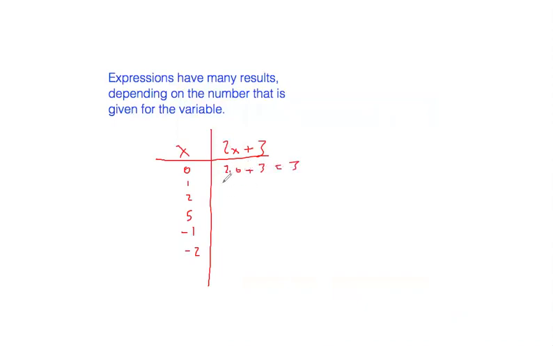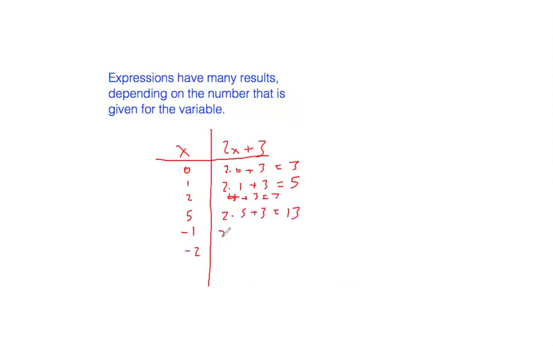In the second case, x is 1, 2 times 1 plus 3, which is 5. In the next case, x is 2, which would be 4 plus 3, which is 7. In the next case, 5, or 2 times 5 plus 3, which is 13.